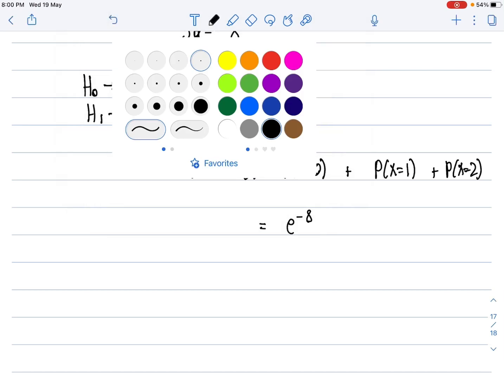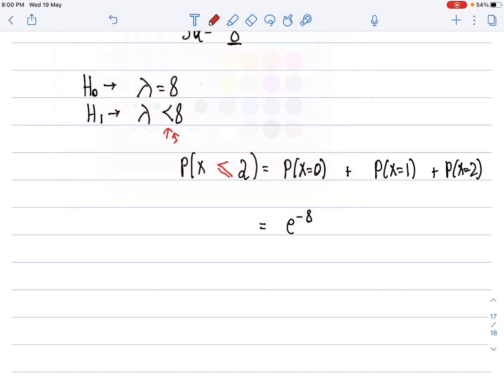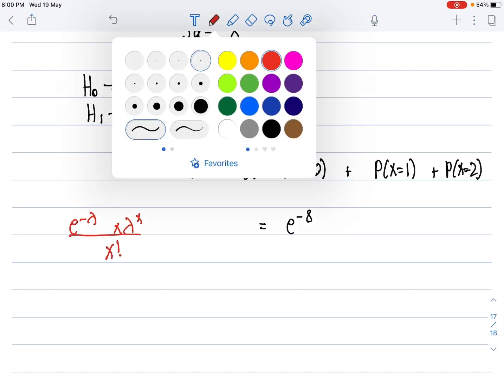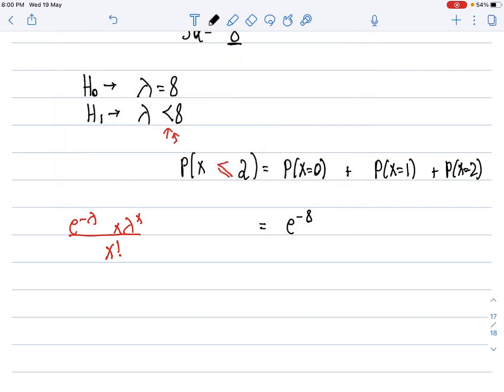I assume you know the formula, which is e raised to minus lambda into lambda raised to x over x factorial. So now I have this plus e raised to minus 8 into 8 raised to 1 over 1 factorial plus e raised to minus 8 into 8 raised to 2 over 2 factorial.